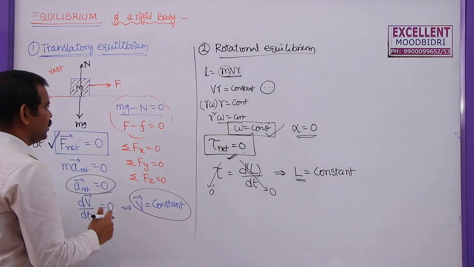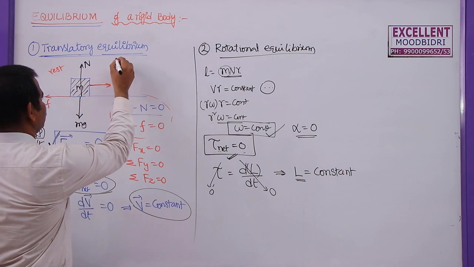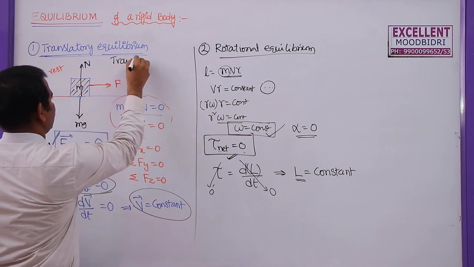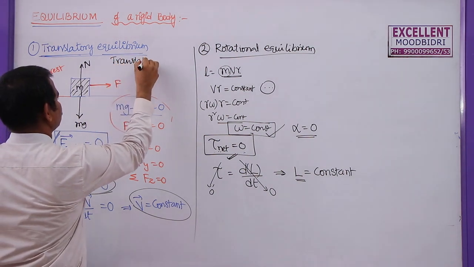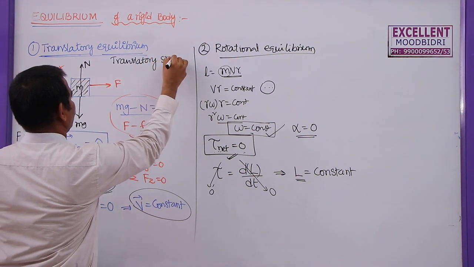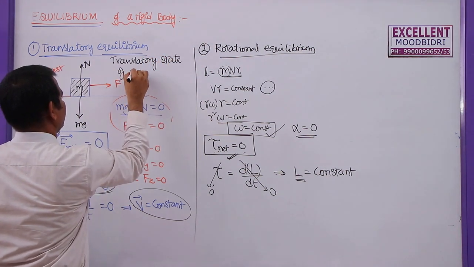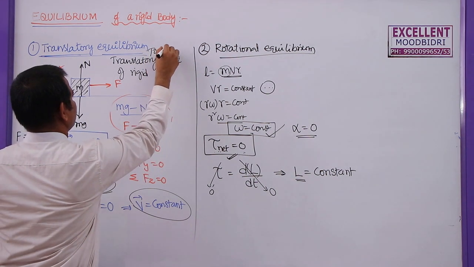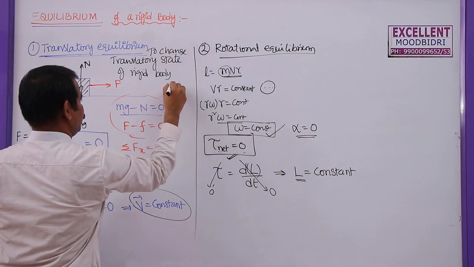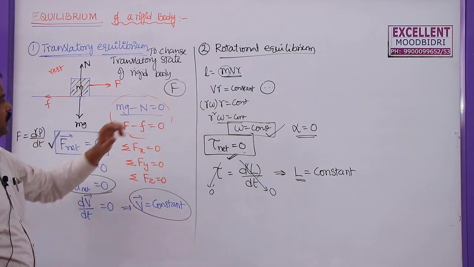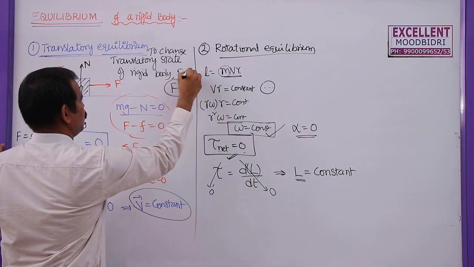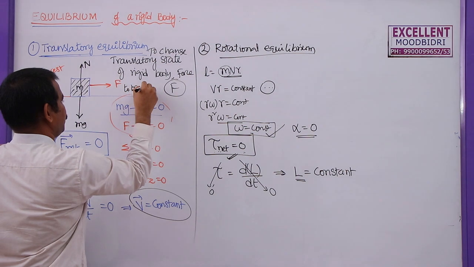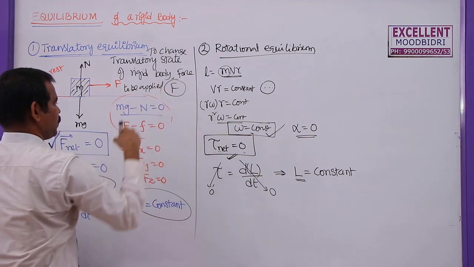So finally what we can say, to change the translatory state of a rigid body, we need force, that means force has to be applied on the body.